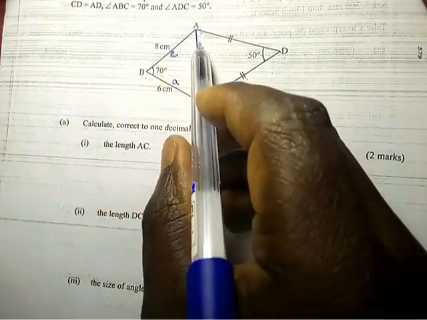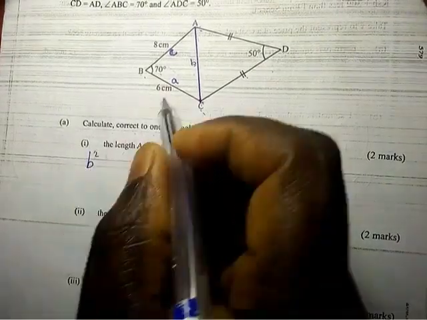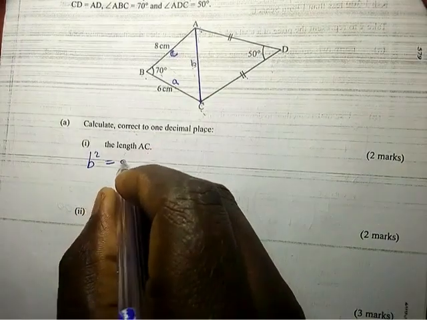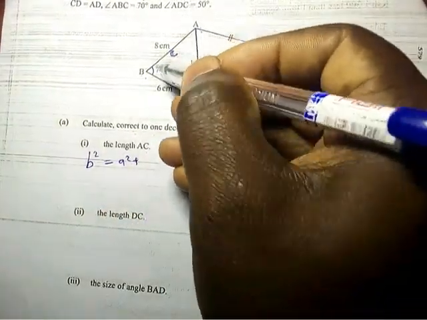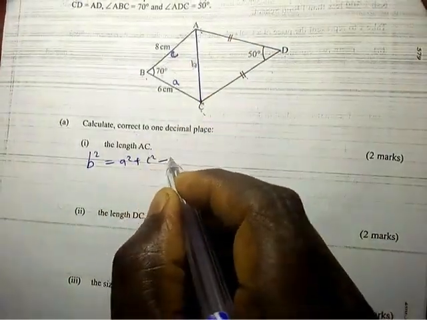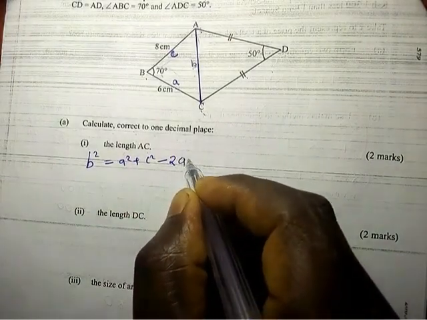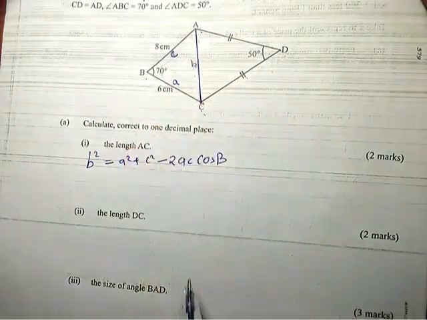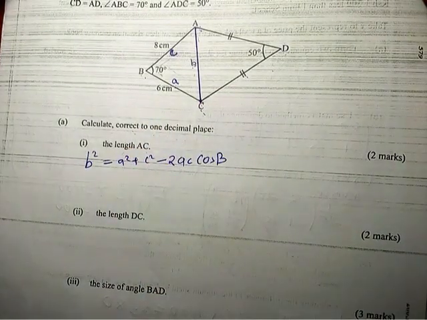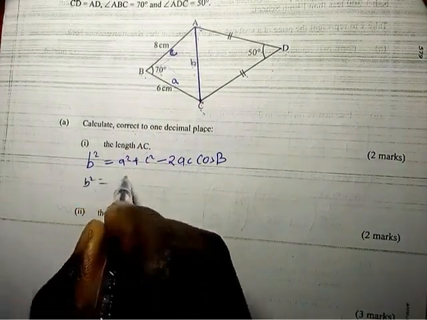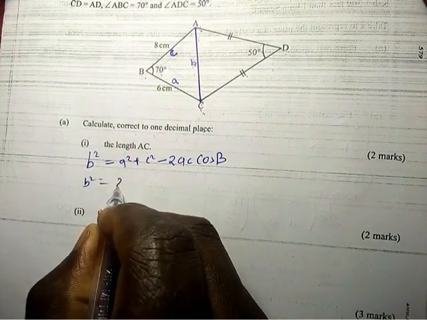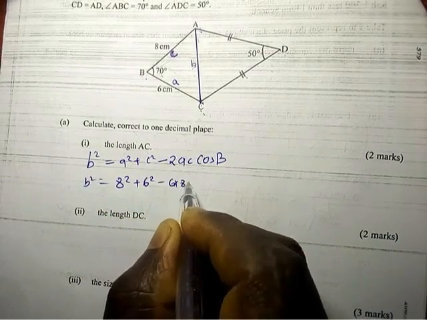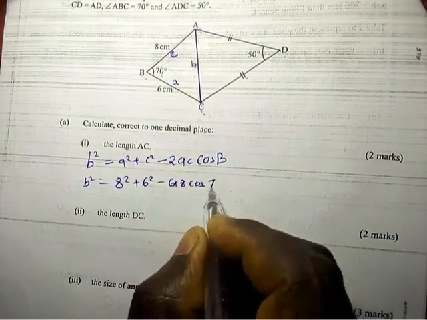So we want b square. So b square is equal to a square plus c square minus 2ac cos B, because we have cos B here. So b square is 8 square plus 6 square minus 2 times 6 times 8 cos 70.